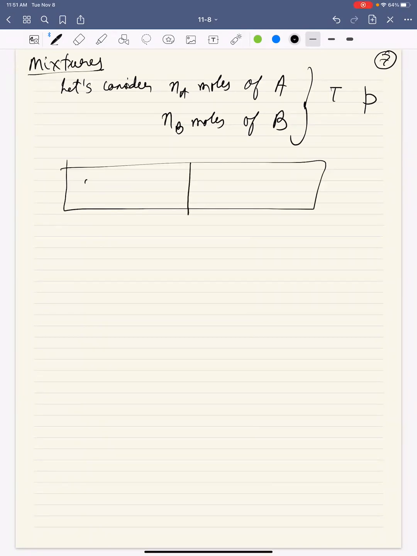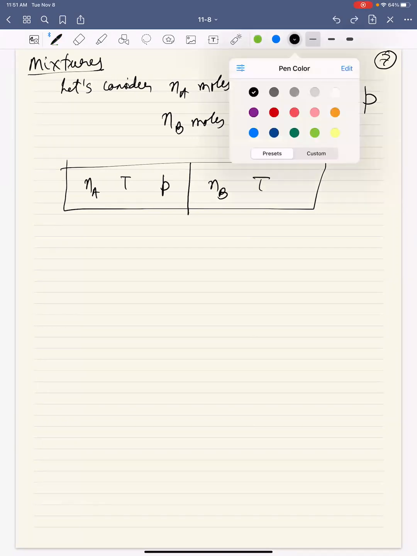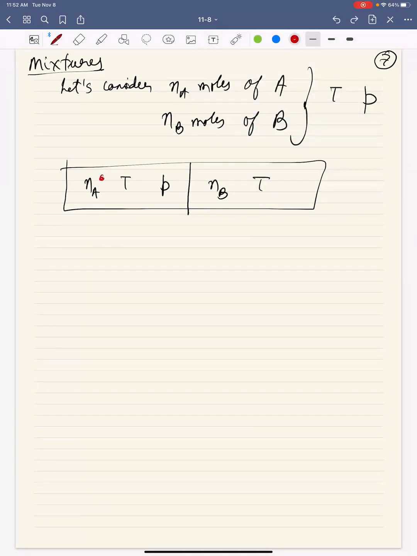You have Na here at temperature T and P, and you have Nb moles of B here at temperature T and P. Today is election day, right? So I guess I should draw red and blue. This looks like red, and this looks like blue.